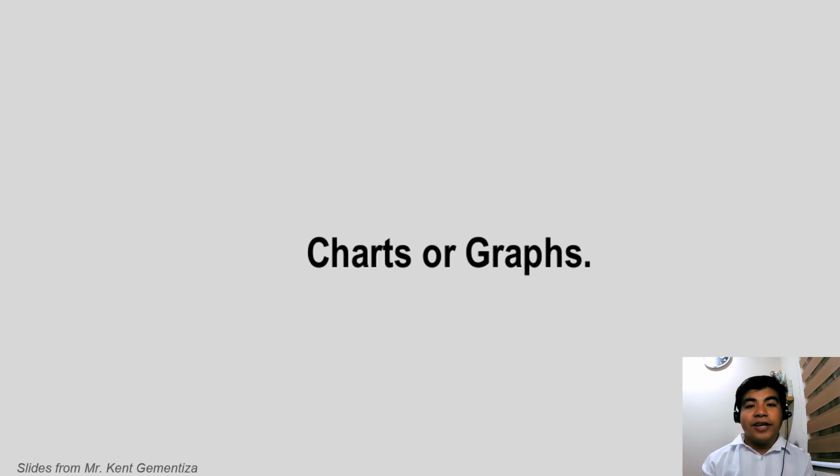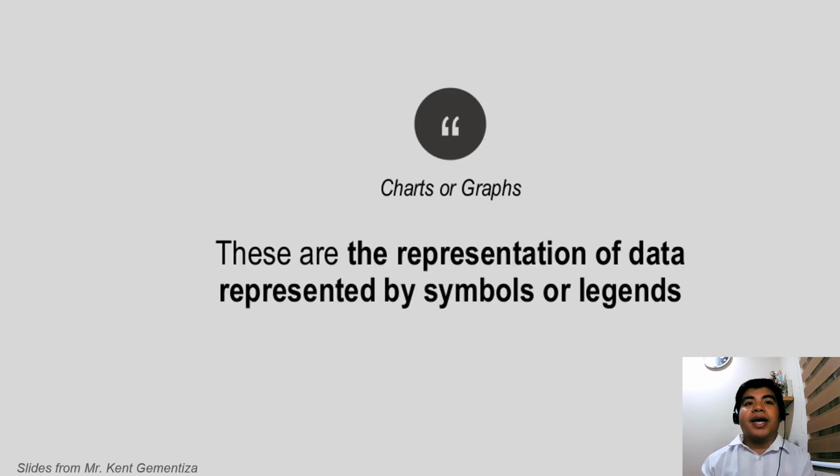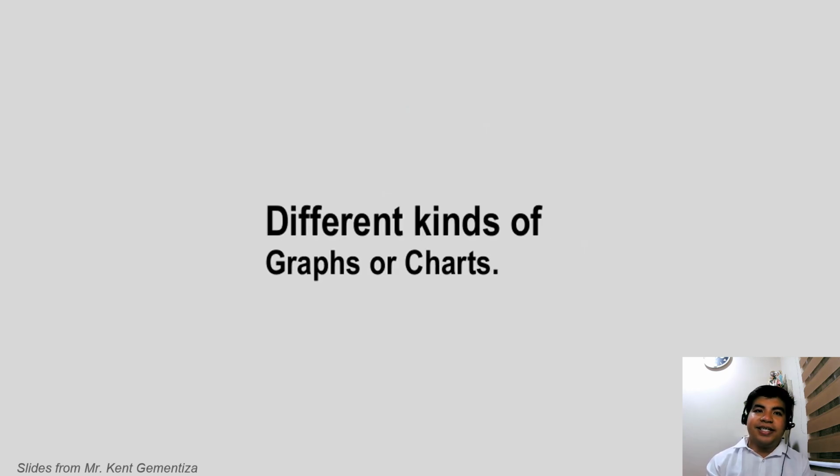And also in different types of tests and assessments, maybe you have been asked to interpret a particular chart or graph, or you have to make sense of these visual representations in order for you to answer the comprehension questions that follow. These are the representation of data represented by symbols or legends.